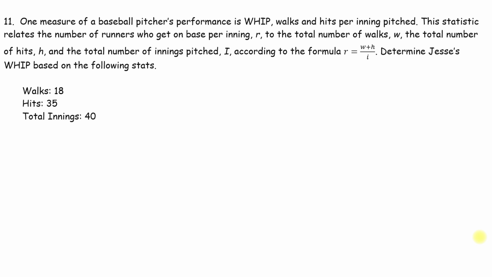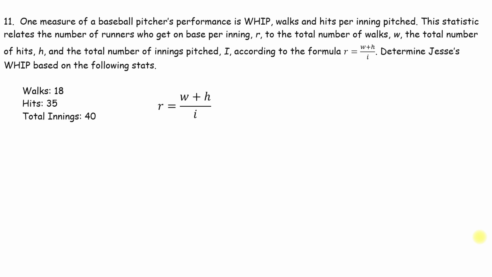So we're told that the number of walks is 18, the number of hits is 35, and the total innings is 40. So we know W, we know H, and we know I. So we can just plug those values into the equation. Here's our equation restated again.